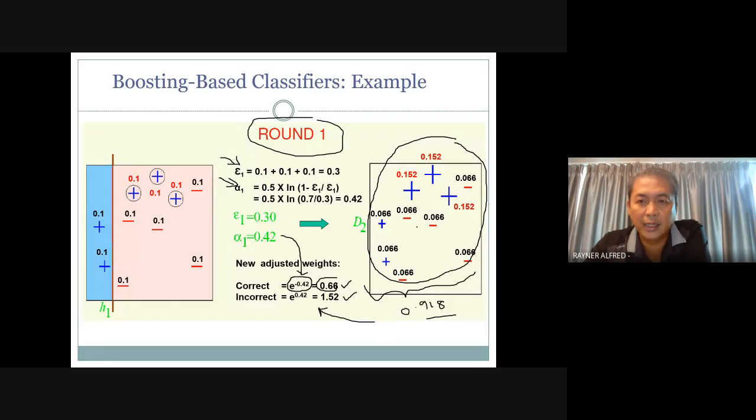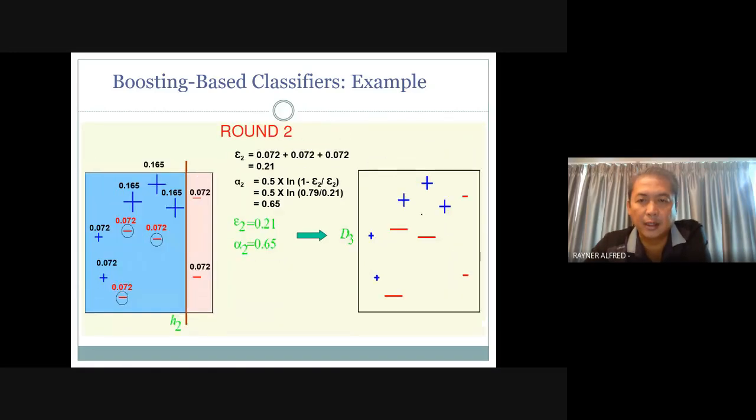So to normalize each of these weightages, we divide them by 0.918. Similar to this, 0.918. Once you have done that, you will get a new weightage, which is this one.